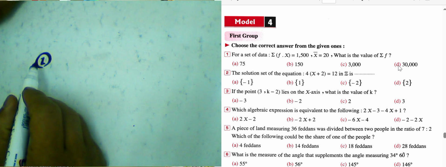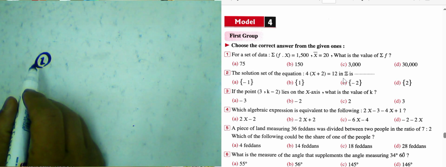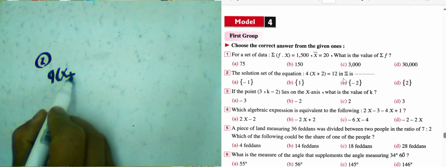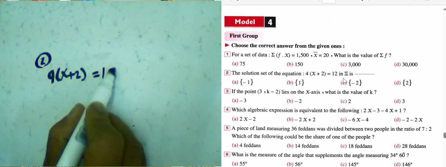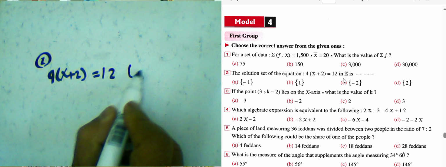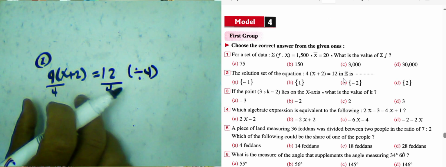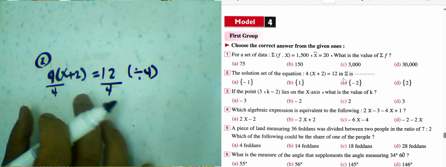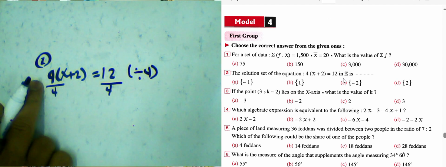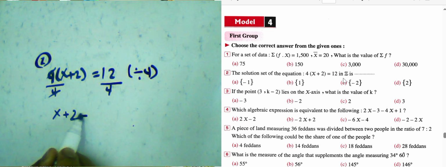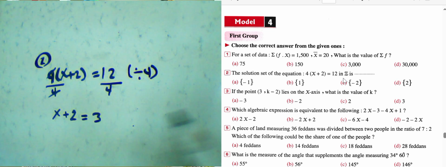Next, question number 2. The solution set of the equation in Z, the set of integers: we can write 4 product by x plus 2 equals 12. Next step, we must divide by 4 to cancel the coefficient of the parentheses, and then the result will be x plus 2 equals 12 divided by 4 equals 3.